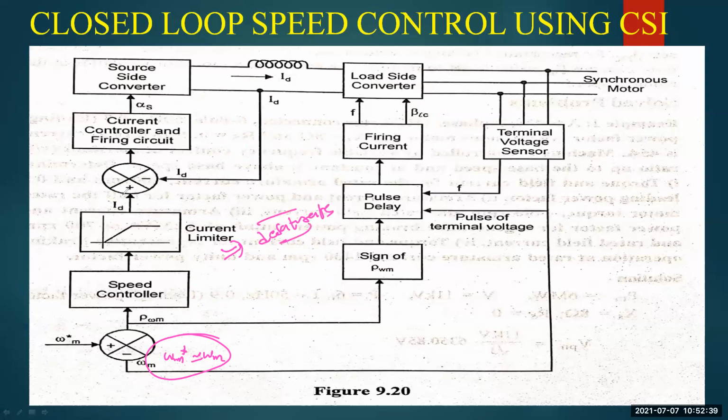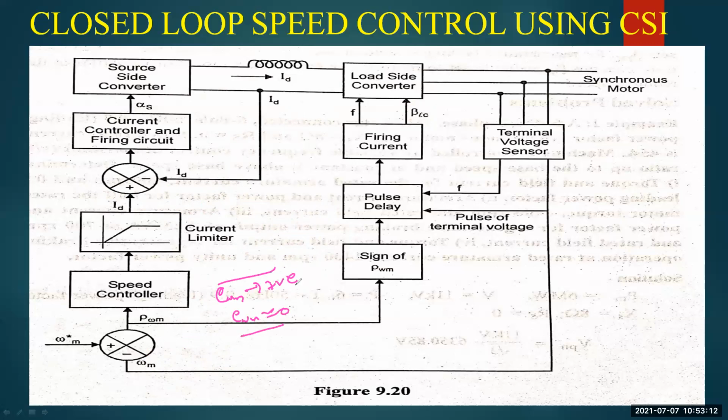Desaturate means this reference ID star decreases, and is approximately equal to ID. It desaturates, and the drive comes to the required speed, and the DC link current balances the motor and load torques. So, understood this concept. When omega m star is greater than omega m, the speed error is positive, and then the error is approximately equal to 0.